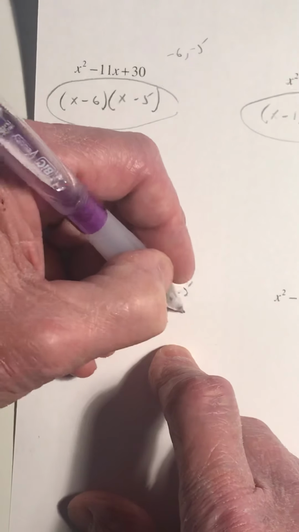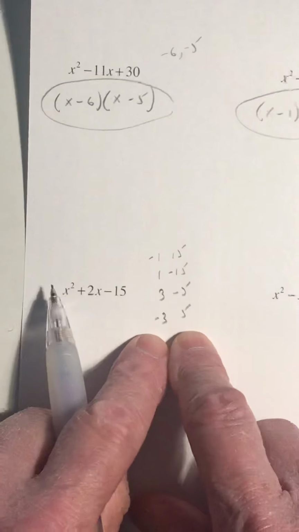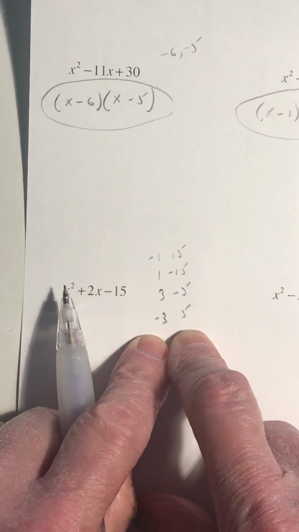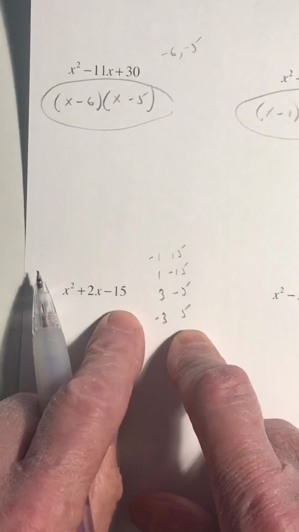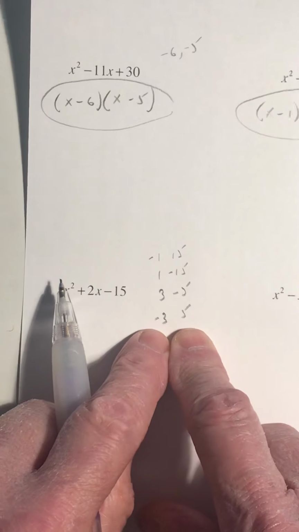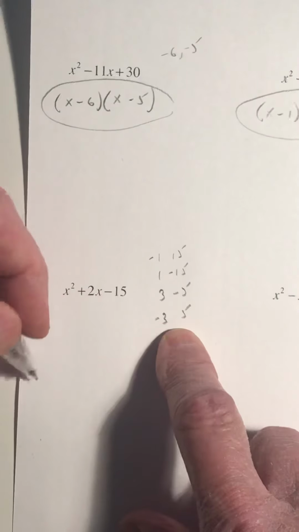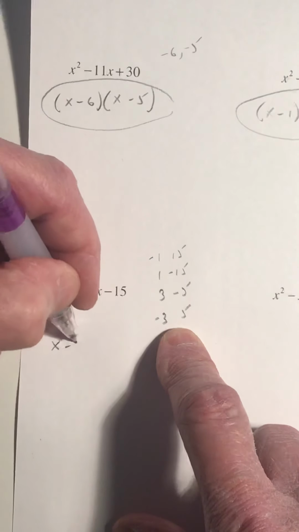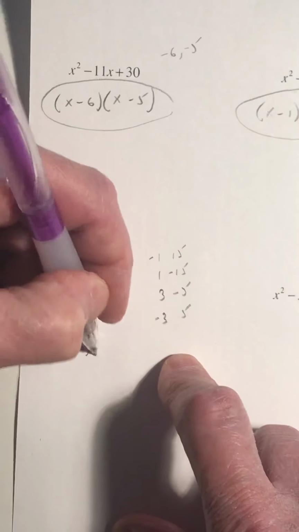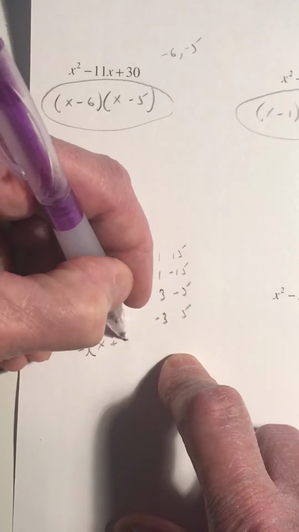How about we just change the signs? Negative 3, positive 5, multiply out to negative 15. Negative 3, positive 5, add up to plus 2. This is what we're going to use. X minus 3, x plus 5.